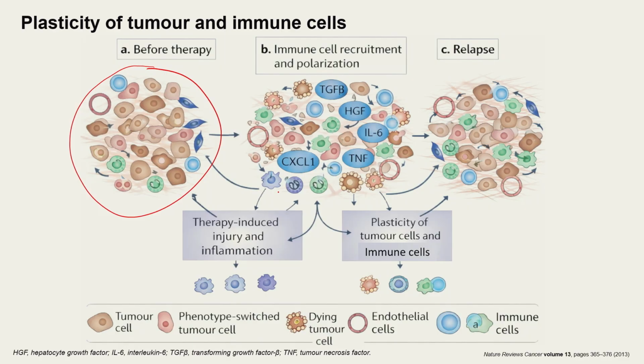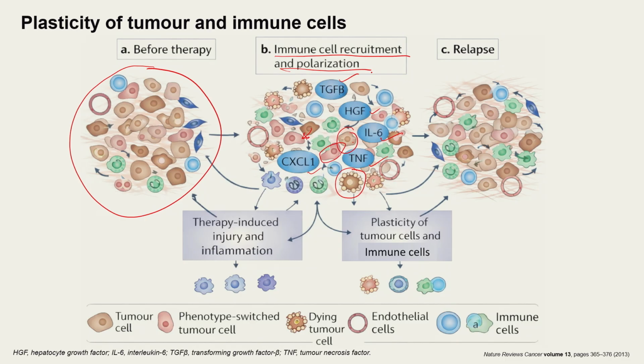When therapy is induced, different kinds of cytokines such as TGF-beta, hepatocyte growth factor, IL-6, TNF (tumor necrosis factor) and others come into the picture, and accordingly we can see that the tumor cells are either dead or there could be a change in the plasticity of the tumor cells. So there is a switch in the phenotype. This change in the phenotype can happen because of these cytokines which are secreted upon the treatment. So the immune cells are recruited, and this can lead to polarization.